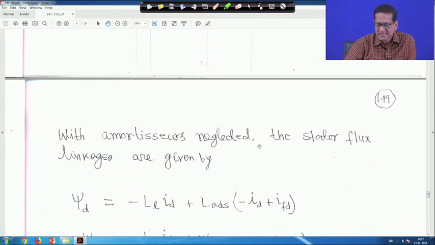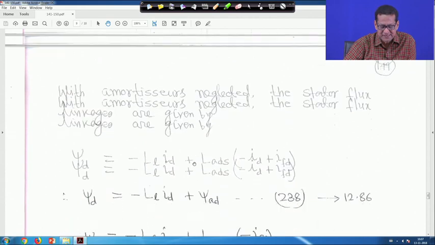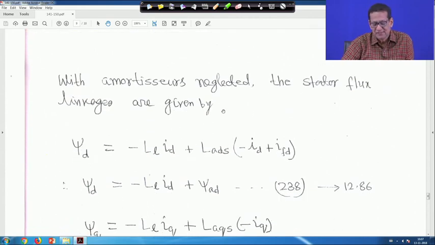Now with the transformer voltage terms neglected, the stator flux linkages are given by going back to the stator circuit equation. If I recall correctly, you go to figure 20A, where the analogous circuit is given with flux, inductance and current. So with the speed voltage terms neglected, the stator flux linkages are given by this.